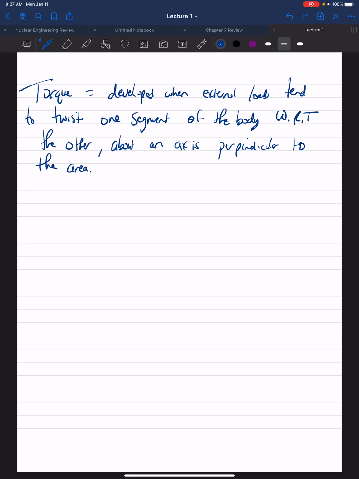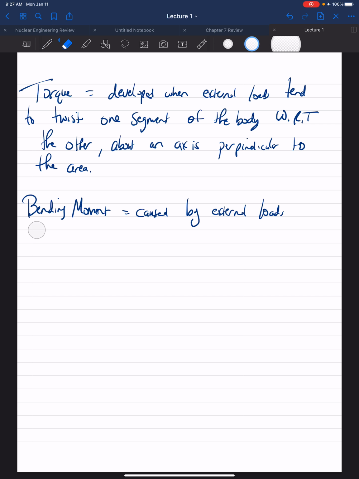And last, we have the bending moment. This is caused by the external loads that tend to bend the body about an axis.